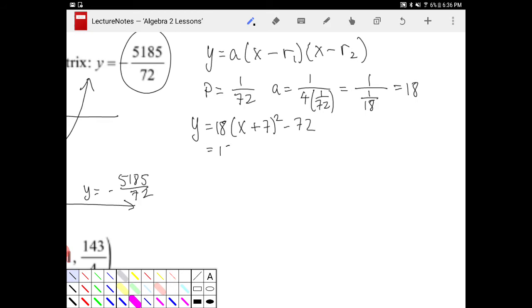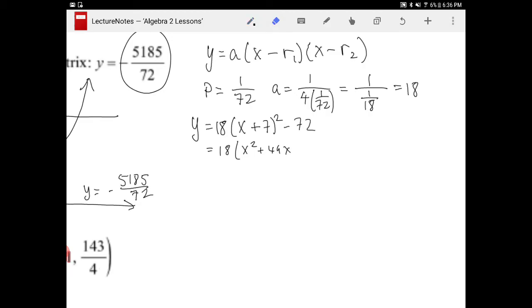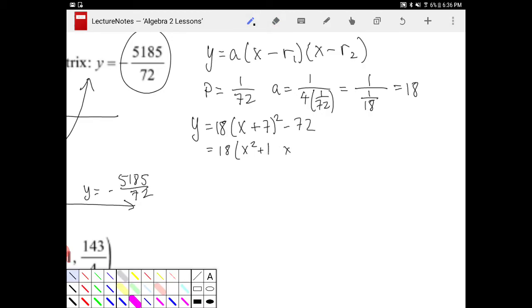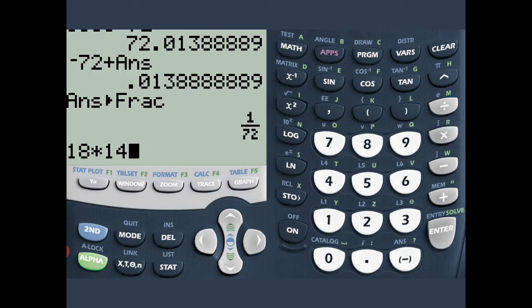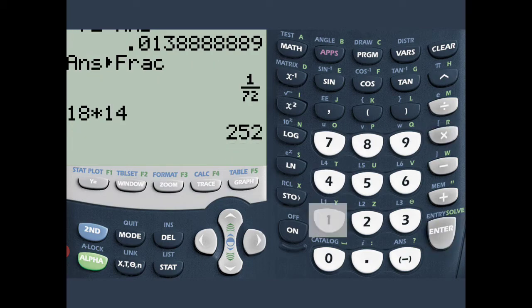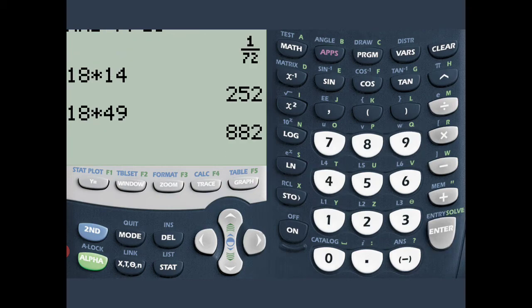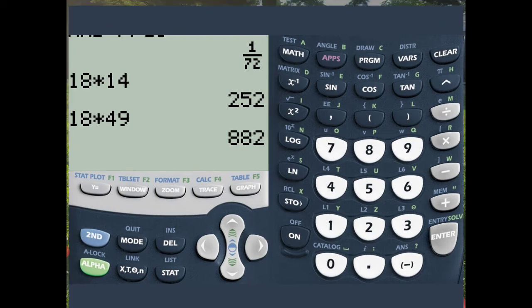So I get 18x squared plus 49x, plus 14x plus 49 minus 72. This becomes 18x squared plus, I have to do 18 times 14 and then 18 times 49. 18 times 14, 252, and 18 times 49, so 252 and 882.